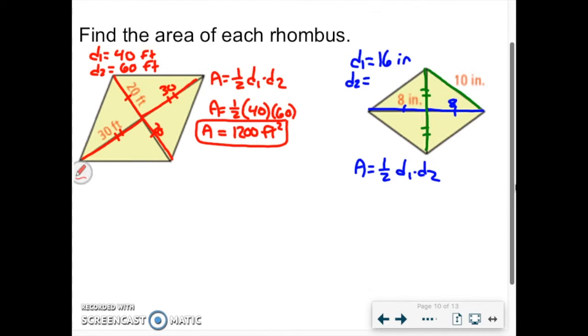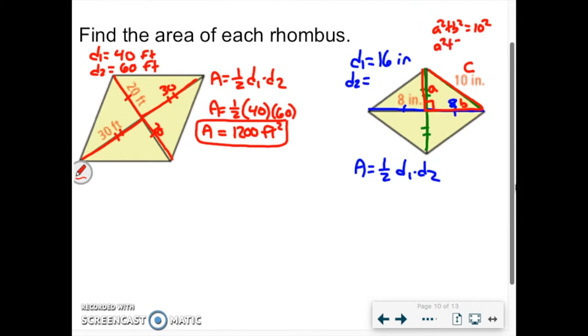So what I know here, rhombuses have perpendicular diagonals. So that means I have a right triangle right here, and I have 2 of the 3 sides. I have C and I have either A or B. So I need to figure out that side. What I'm going to use is the Pythagorean theorem. So A squared plus B squared equals 10 squared. Okay, so this is actually a Pythagorean triple.